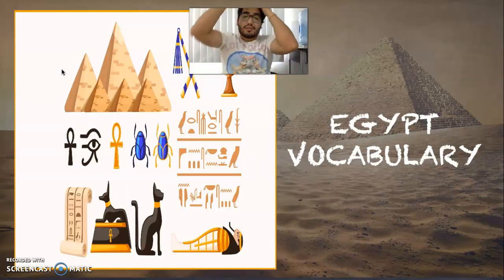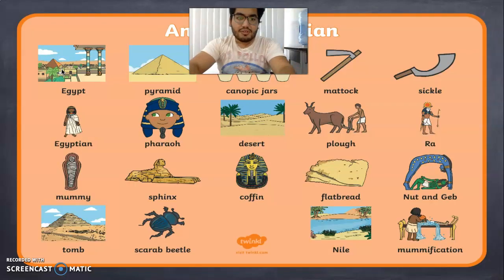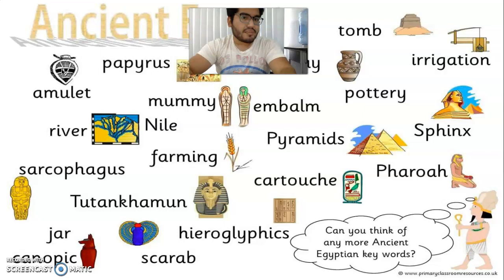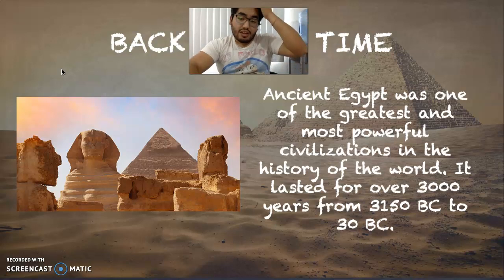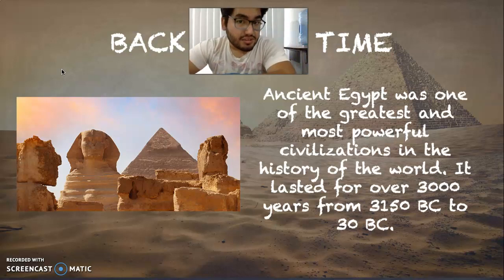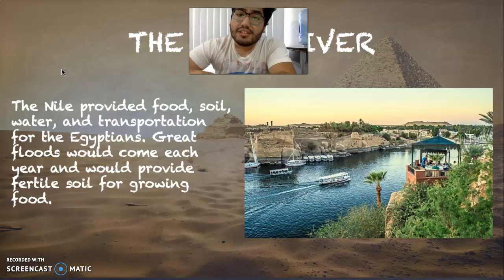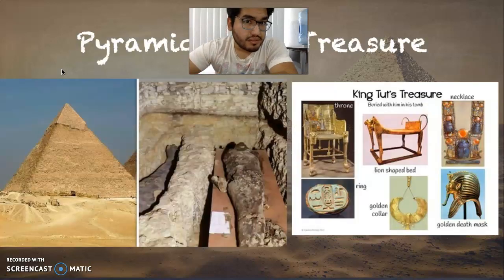So, we talk about the vocabulary. We saw the pyramids, Egyptians, mummies, and all that. We also see the hieroglyphics, the Nile River, and all that. We learned that they were a powerful civilization and one of the greatest in history. This is because of the Nile River that gave them food, soil, water, and transportation.